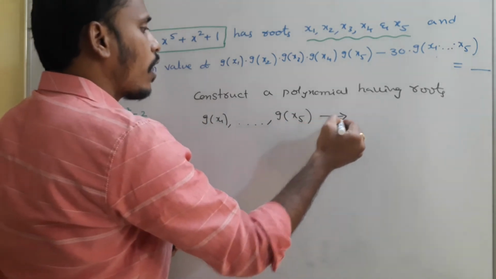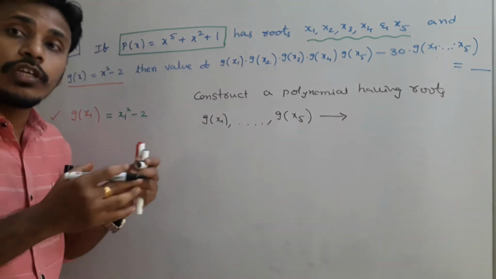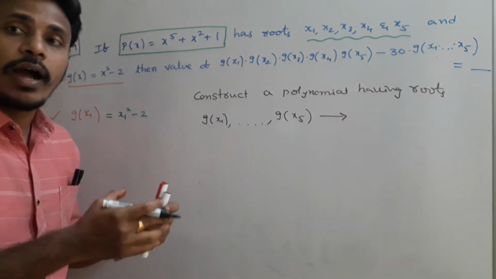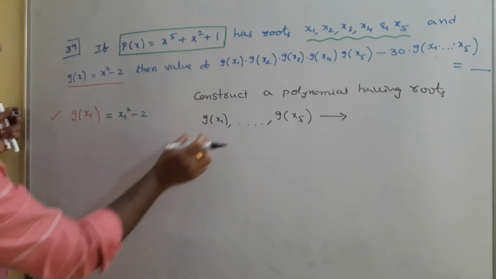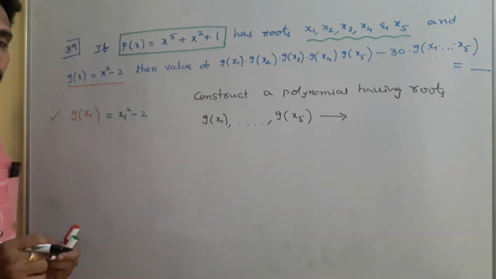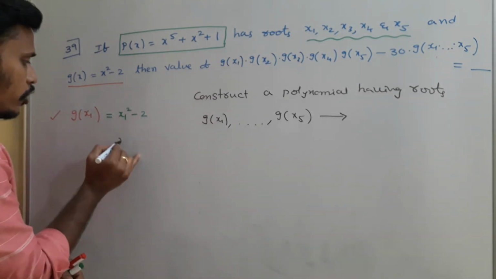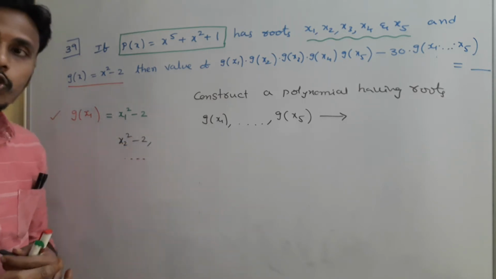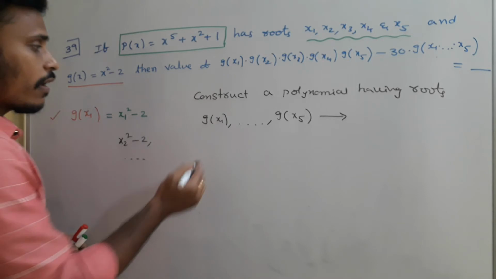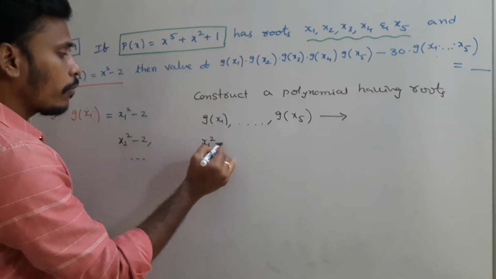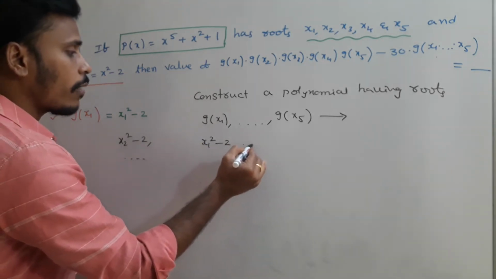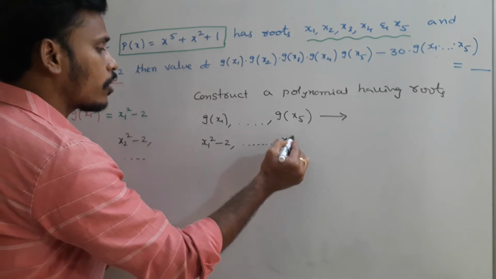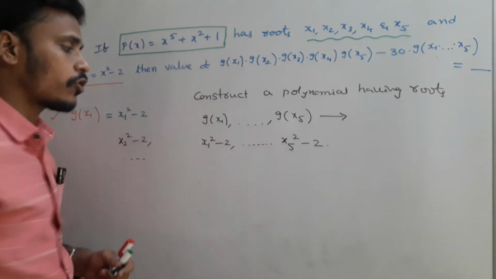So these 5 are the roots of a polynomial, and we are trying to find that polynomial first. G of x1 is x1 square minus 2, similarly g of x2 is x2 square minus 2, x3 is x3 square minus 2, like that. So we are going to construct a polynomial whose roots are x1 square minus 2, x2 square minus 2 and so on, x5 square minus 2.